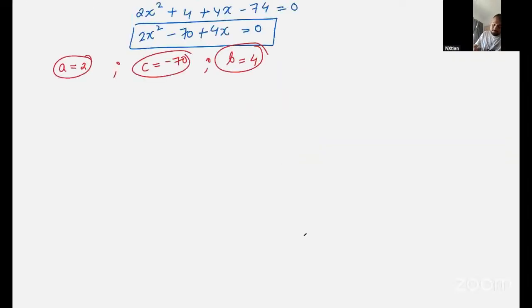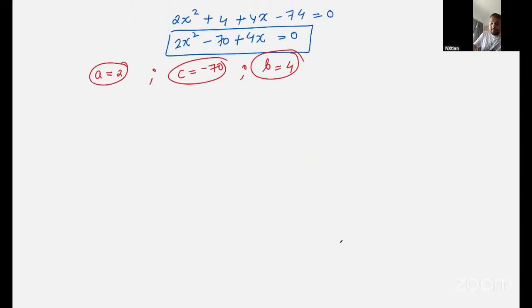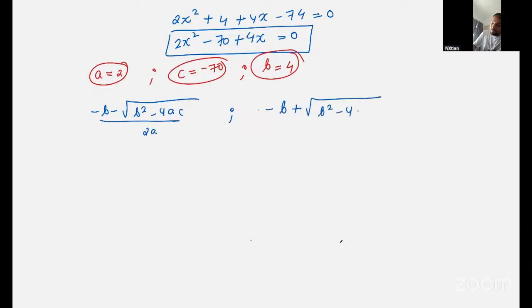If you use the quadratic formula, the first one is minus b minus root of b square minus 4ac upon 2a. The second one is minus b plus root of b square minus 4ac upon 2a.